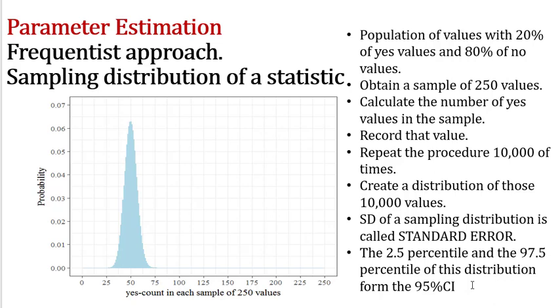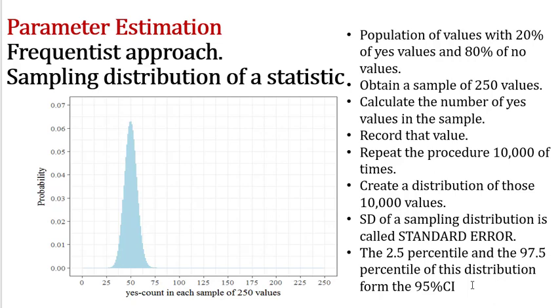Now obviously we need to transform this into proportions, because our estimation is about the proportion of the population, not about yes counts in the population. This is the procedure that we use to make an estimation of an interval.